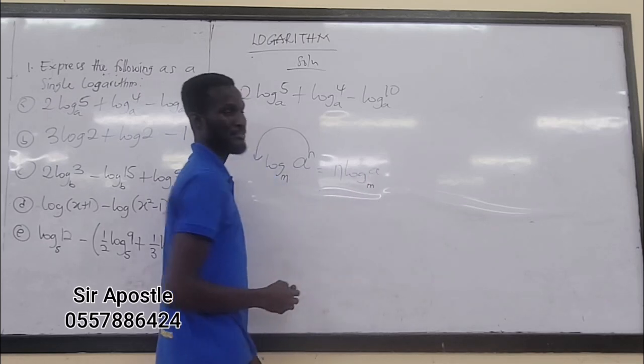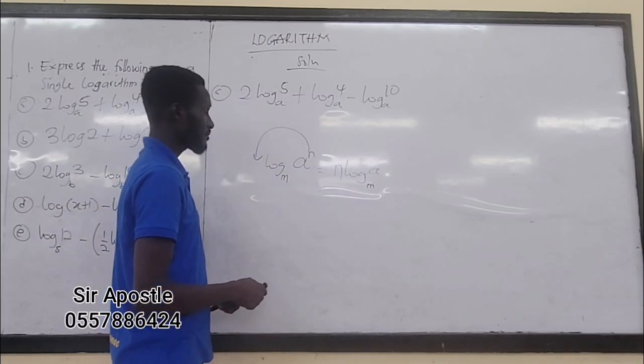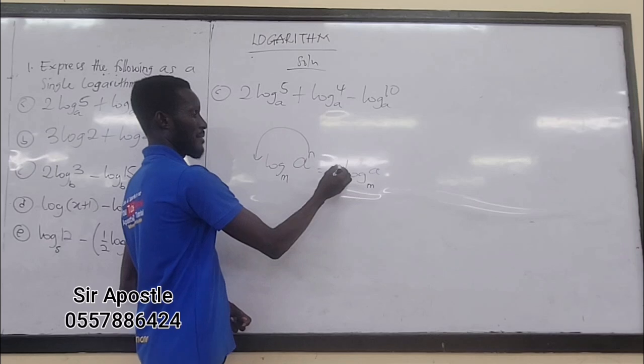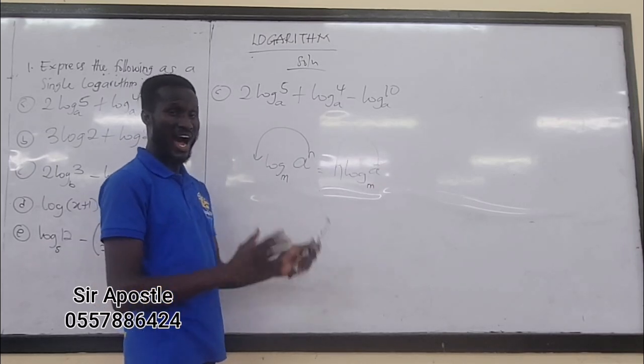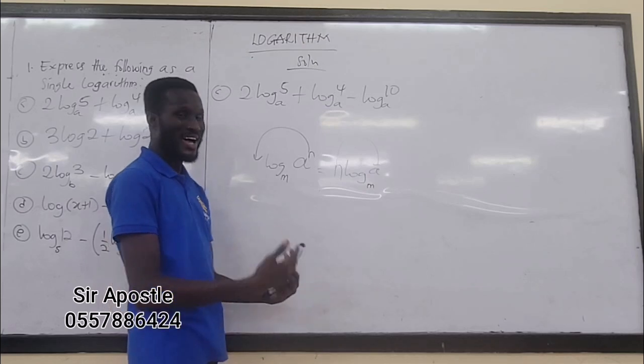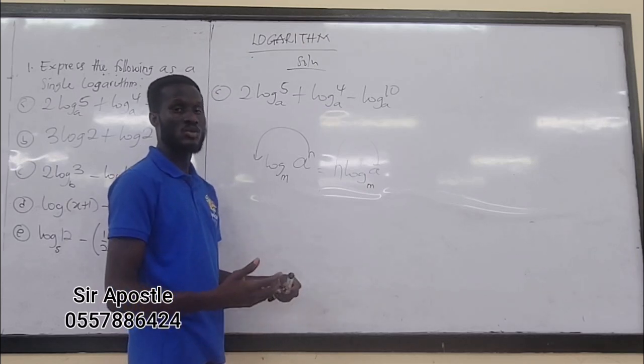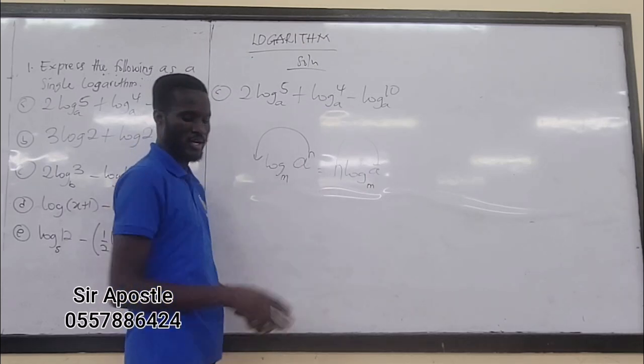And the same way, if it is like this, you can bring it to the back as an exponent of the a. It depends on the question and how you have to go about it. So as I'm solving more questions, you know how to go about certain questions.